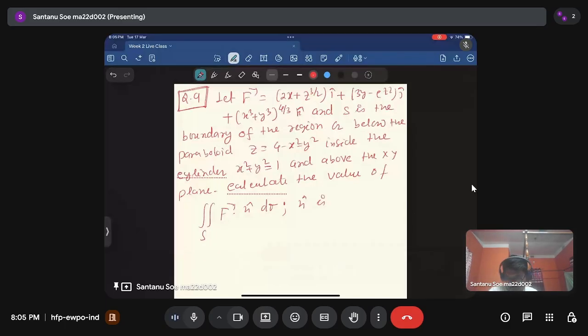Okay, so we're going to solve this using the Gauss divergence theorem, because the Gauss divergence theorem connects the surface integration to the volume integration, provided the region is closed and bounded. So by the Gauss divergence theorem, we obtain: first, we'll calculate the divergence of f.